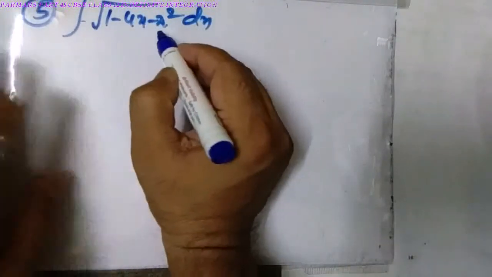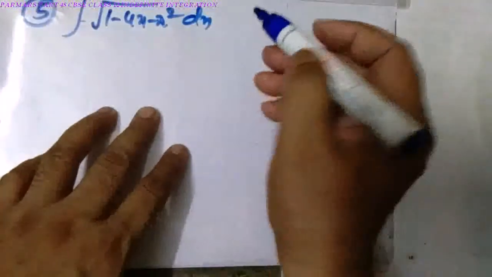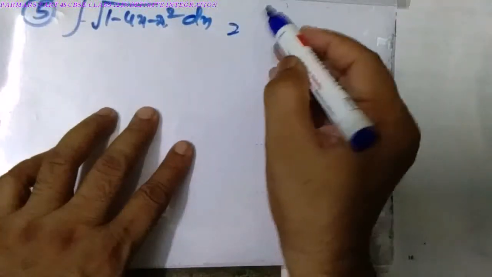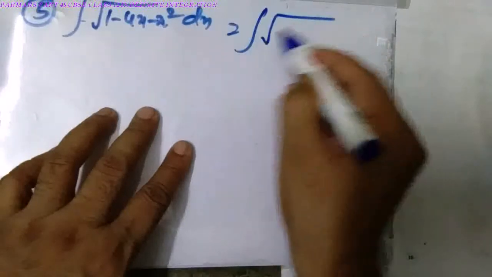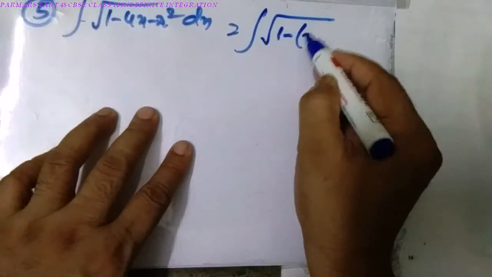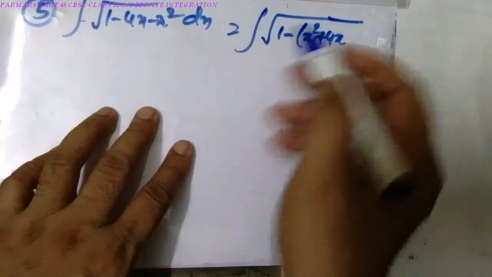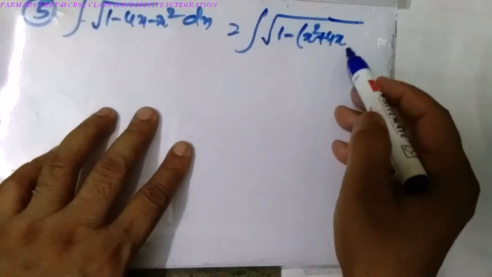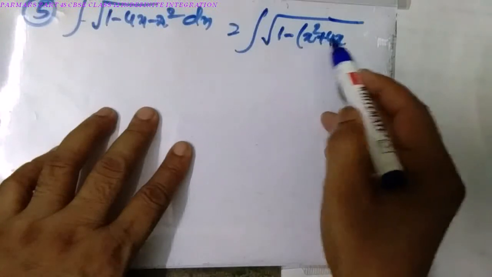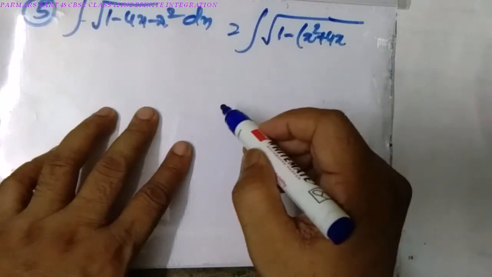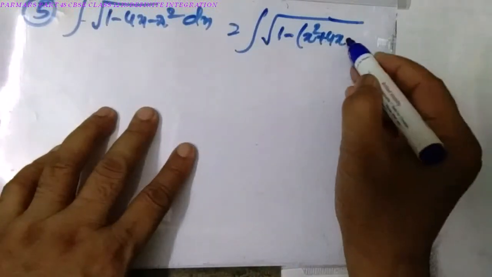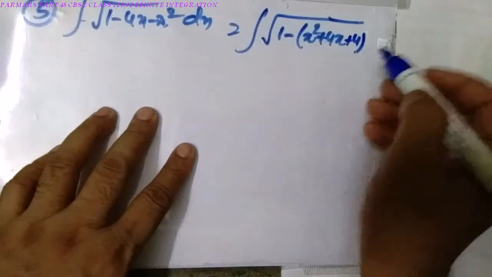Again, the coefficient of x square is minus, so this can be in the form a square minus x square. How will we do it? Just see. 1 minus, we took minus common, x square plus 4x. Now if here it is plus 4, then x plus 2 whole square. So I am going to write down plus 4.